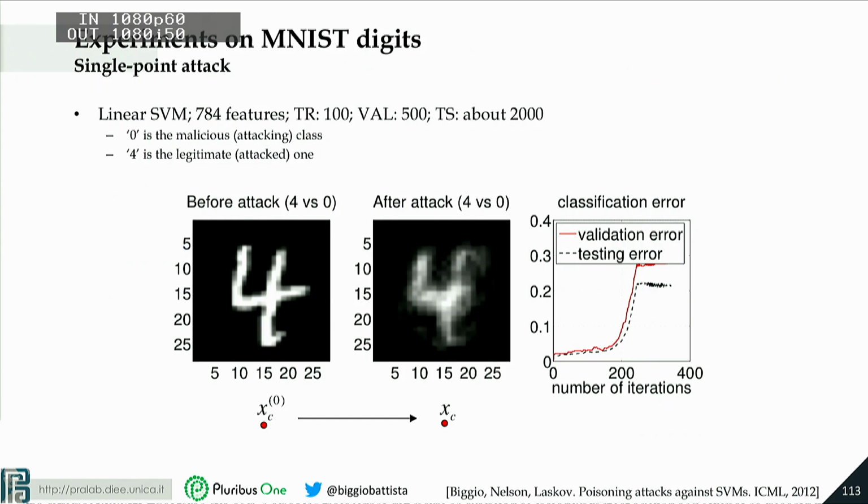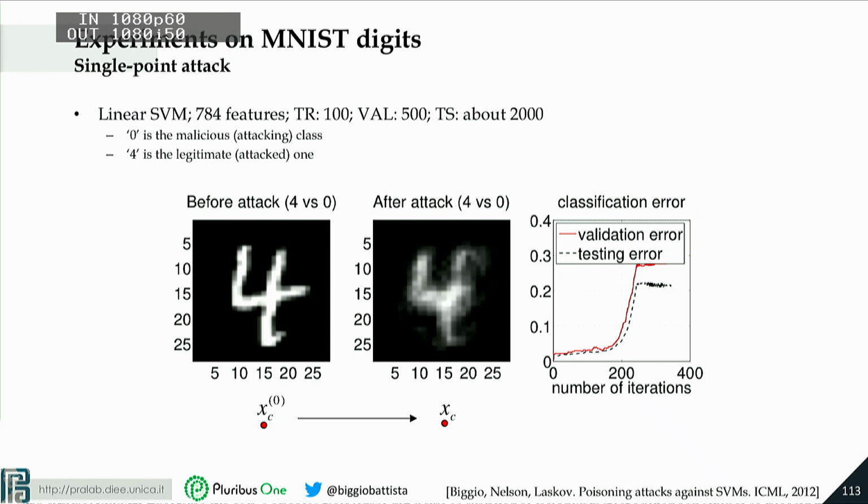And now this is a simple example on, again, a toy digit problem. We take, again, 2 digits, and the classifier aims to separate 4s from 0s, just 2 classes. What we do here is we take a digit from the class of 4, and we flip its label. So now you have a 4, which is labeled as 0 in the training set.